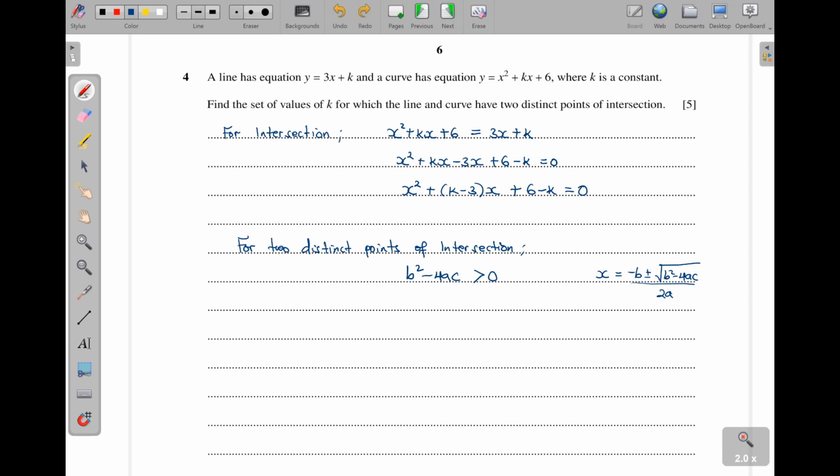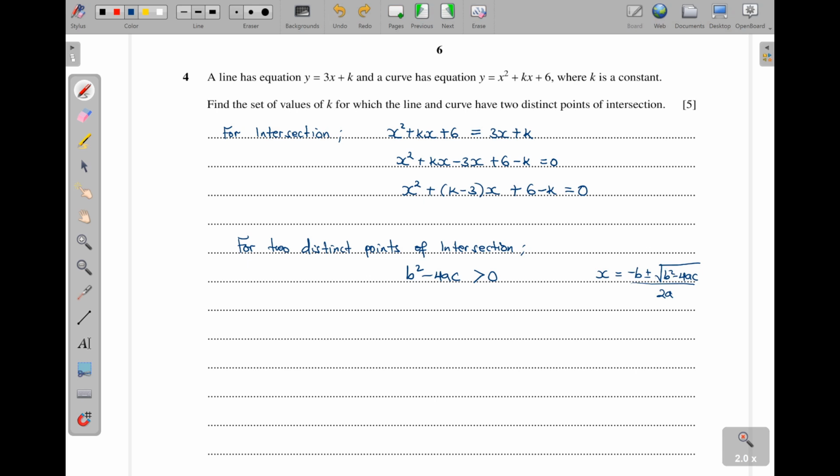We don't have real values there, but instead we have complex roots. You see that? So since there are two distinct points of intersection, when I'm solving this one here, I'll get b squared minus 4ac, and it is going to be positive. So that's why we are saying b squared minus 4ac has to be greater than 0.